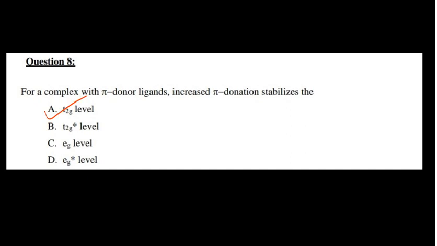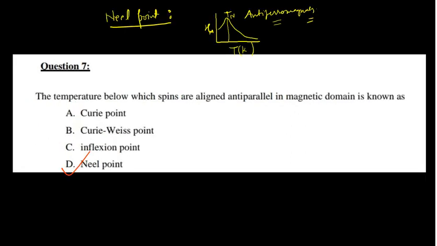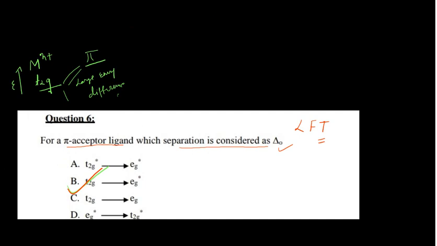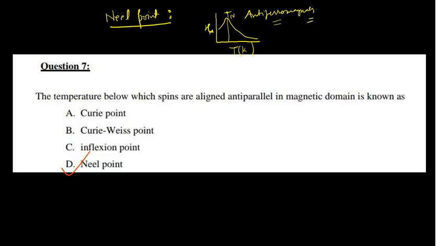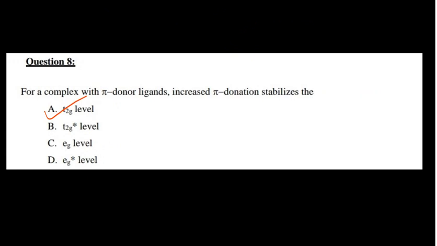I have solved this particular problem in my last lecture, where I have explained that when T2g gives the electron, they lower their energy. So this question is more or less the same kind of question, and the answer is option A. For a complex with pi donor ligands, the increased pi donation stabilizes the T2g level. Okay, now moving to the next problem.